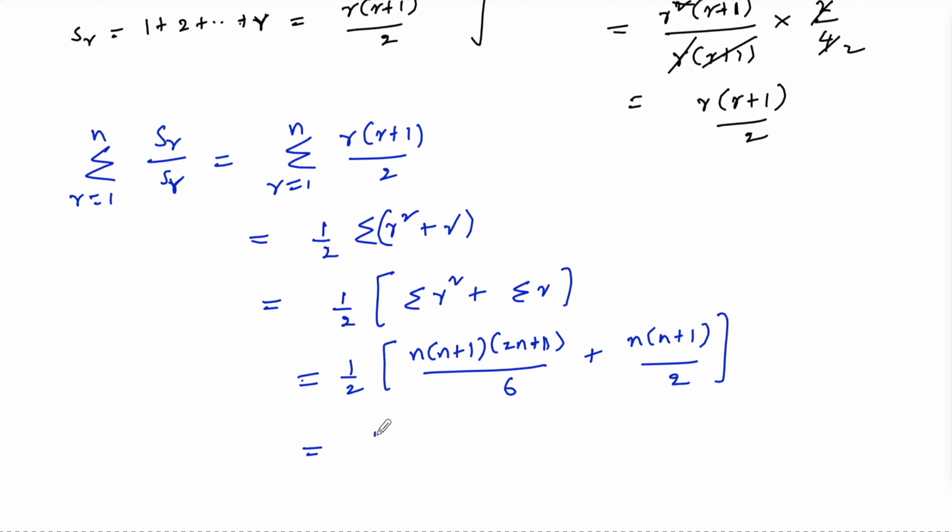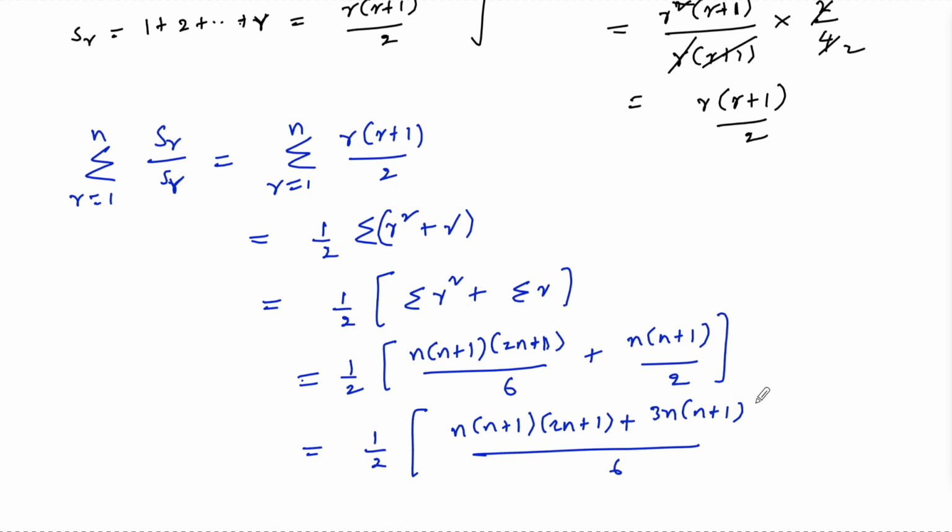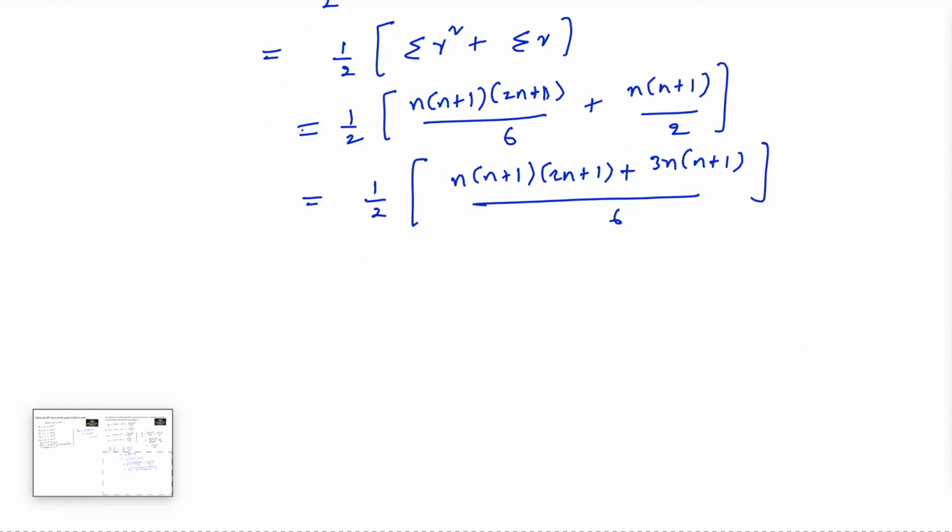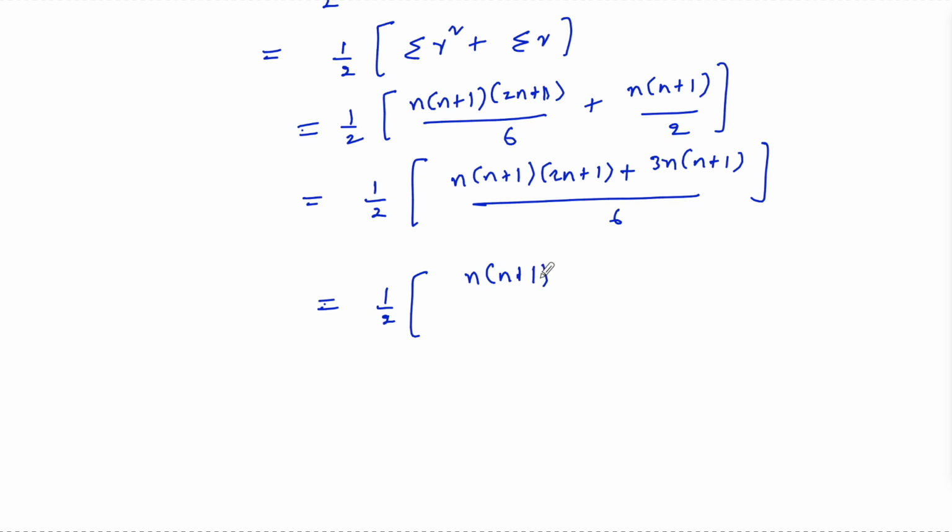So we can write 1 upon 2 times of n into n plus 1 into 2n plus 1 plus 3 times n into n plus 1 upon 6, which is equal to 1 upon 2 times, taking n into n plus 1 common, 2n plus 1 plus 3 upon 6.